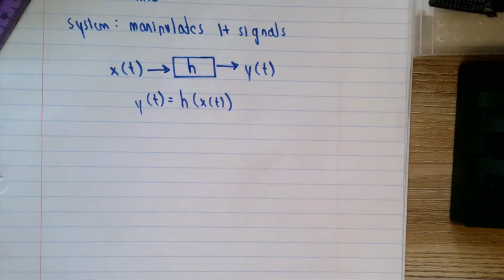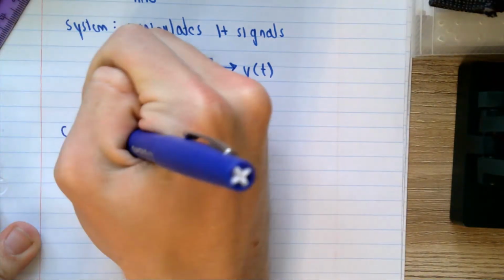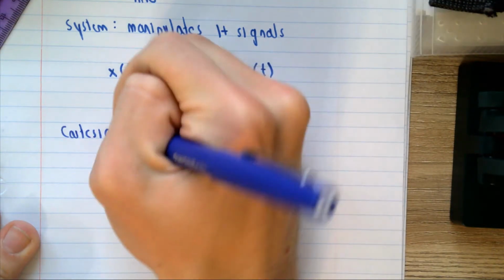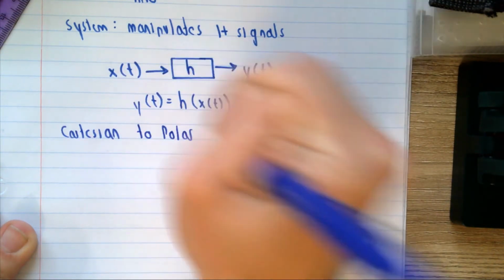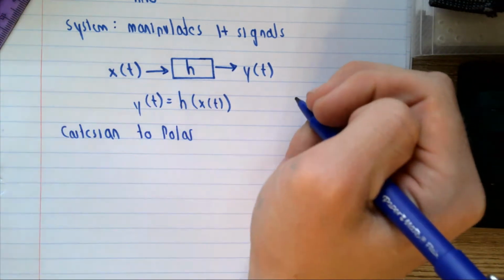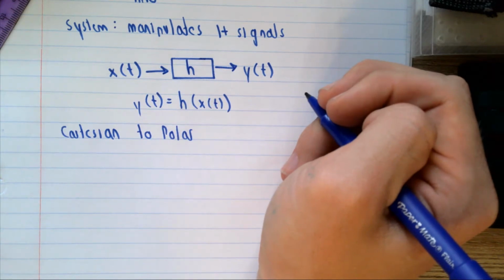So for Cartesian, what we need to know if we're going from Cartesian to polar is that Cartesian is sort of like your rectangular coordinates, where polar is more like the angle and the length of the vector, where the Cartesian is more like the x comma y.